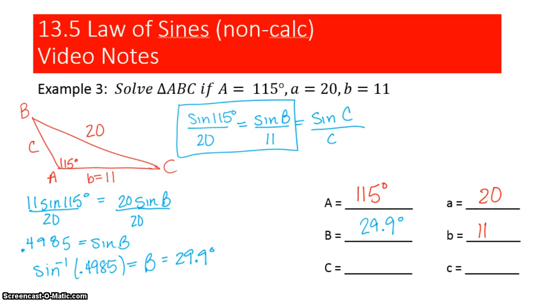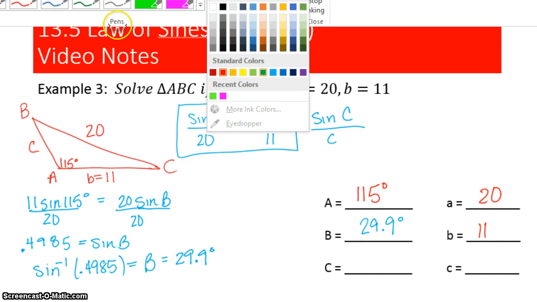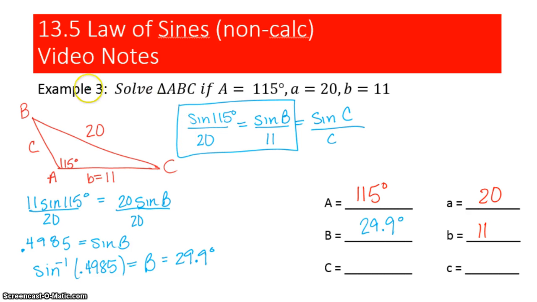Now we're missing both parts of C, which makes it impossible to use this. So we need to see if there's another way we can figure either one of these out, and we can, because now we can figure out angle C by knowing they add up to 180. So we're going to do 180 minus 115 minus 29.9. And we get 35.1. So this is 35.1 degrees.